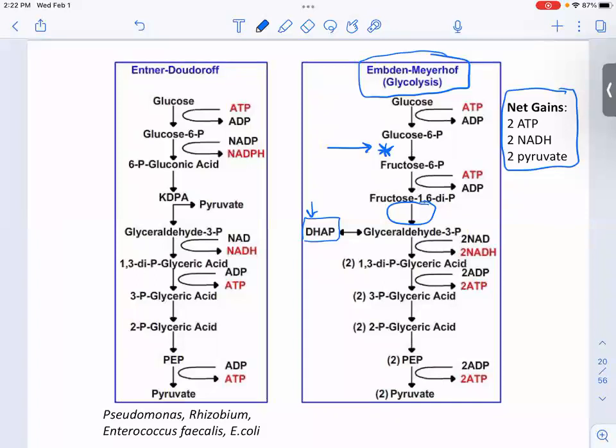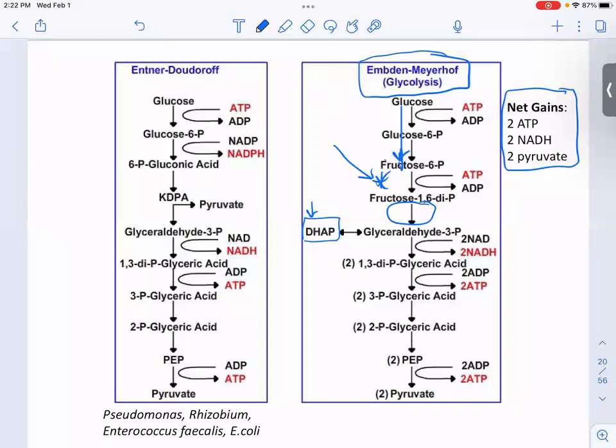Some bacteria cannot make that enzyme. So when they start going down this path, oops, I think it's this enzyme right there. I drew that in the wrong place. When they get to this molecule, fructose 6-phosphate, they can't go any further.